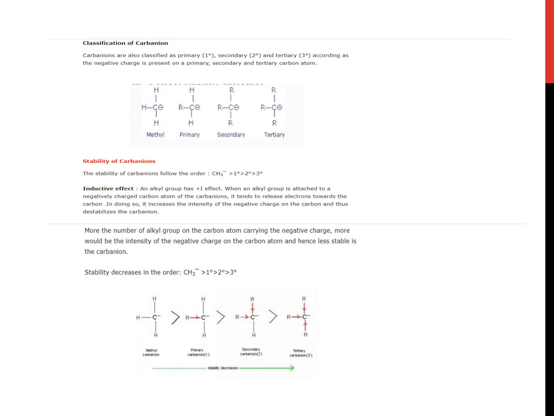But the primary carbanion contains one alkyl group, which shifts its electrons towards carbon as shown by the red arrow. Similarly, in the secondary carbanion, there are two alkyl groups shifting their electrons toward the carbon. And in the tertiary, there are three alkyl groups, with three red arrows showing shifting of electrons toward the carbanion.